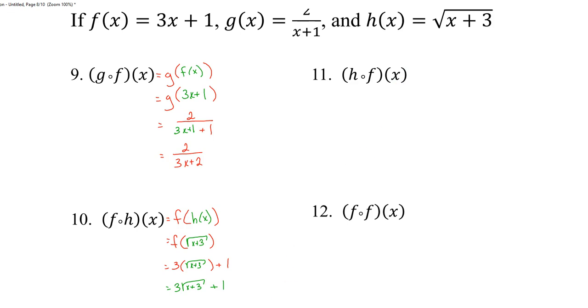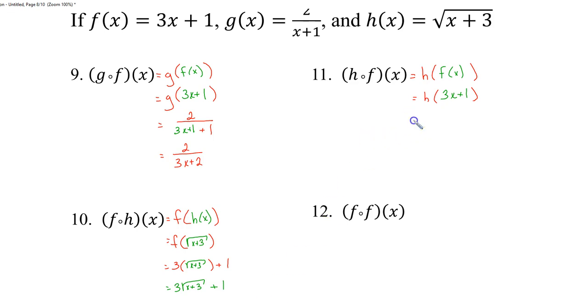So my outside function now is my first function still, but it is the function h. And so my inside function is my second function or my f function. So in place of my f of x, I'm going to plug in the 3x plus 1, and so now I'm going to be finding h of 3x plus 1.